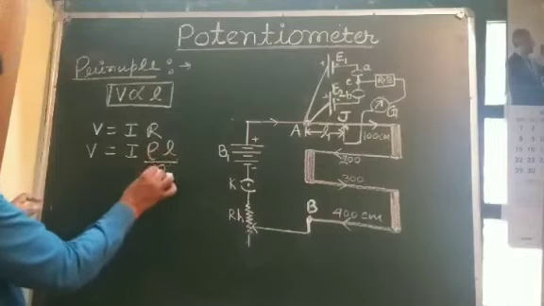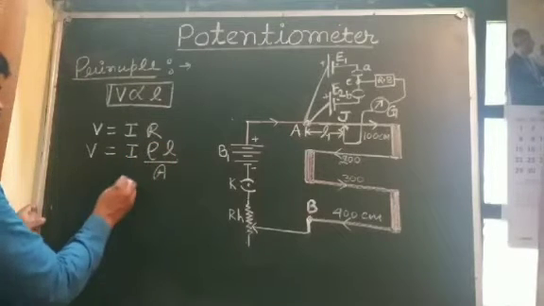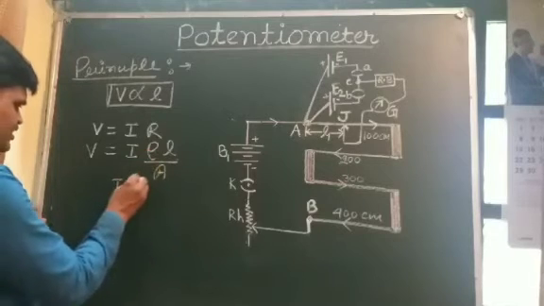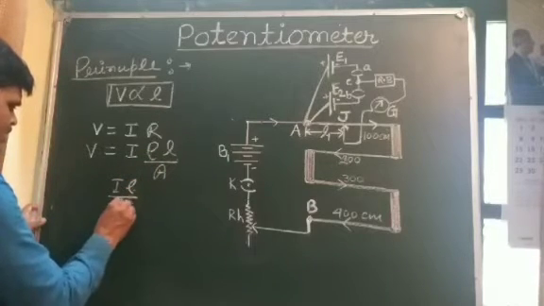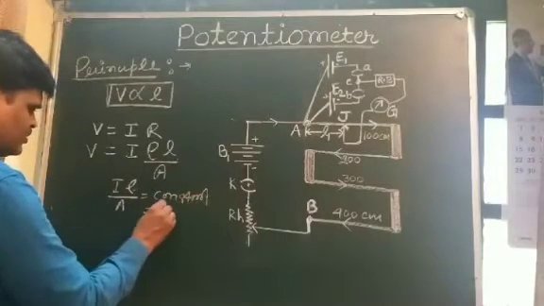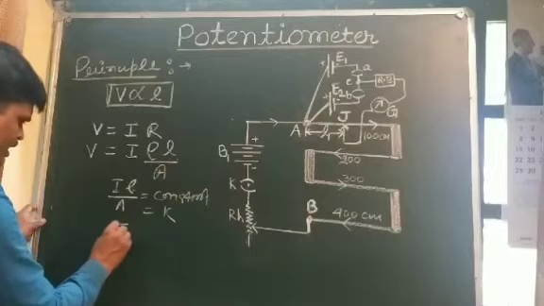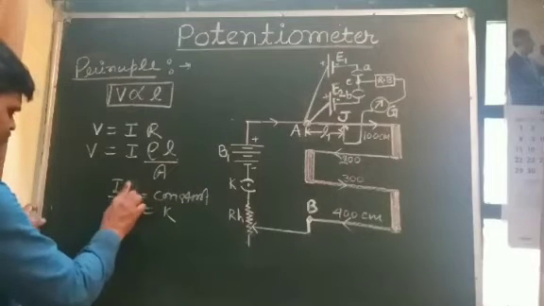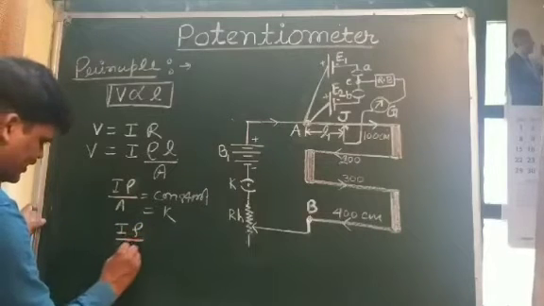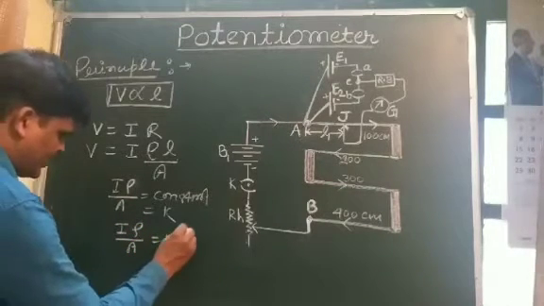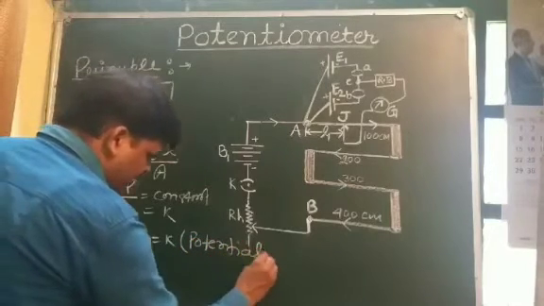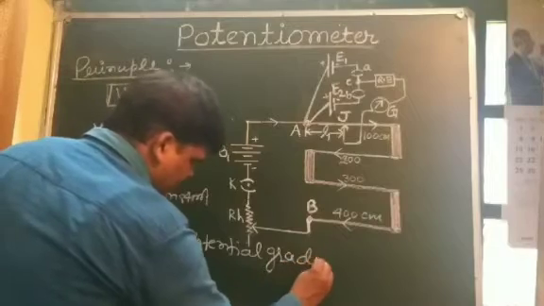It means I, rho and A are constant. Rho is the resistivity. I rho by A is constant, and that constant is known as K, the potential gradient.